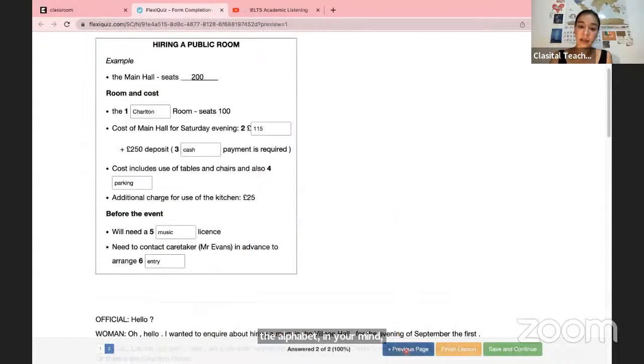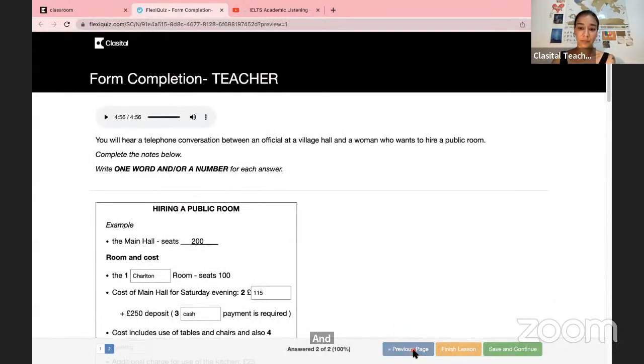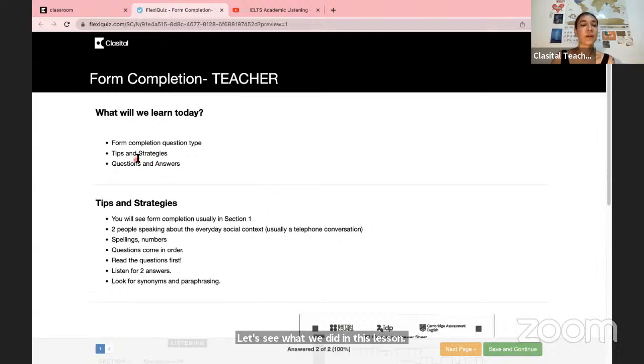That's all. Let's see what we did in this lesson. We learned what we should do in the form completion questions, where we can see them, and what the question type is like. And we have seen some tips and strategies and how to solve them.